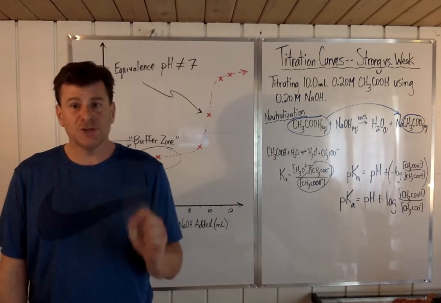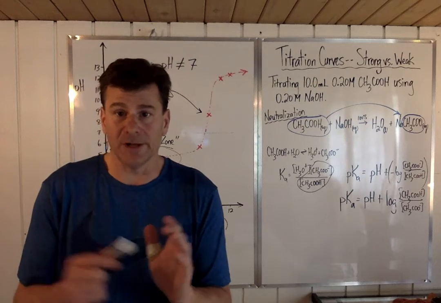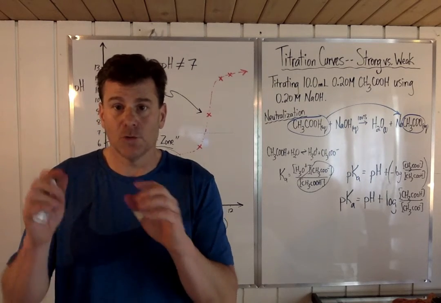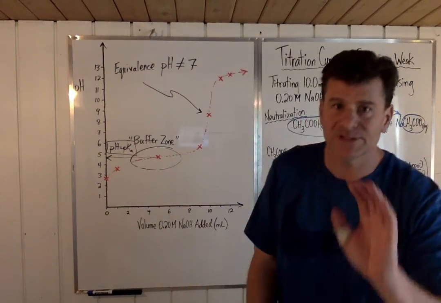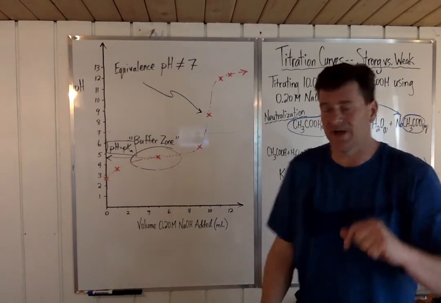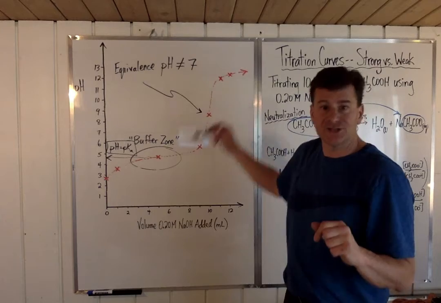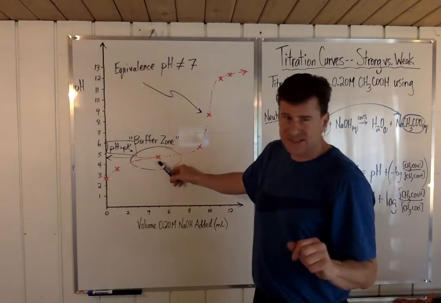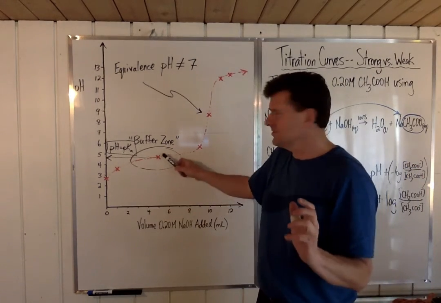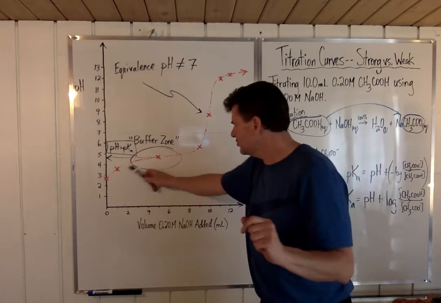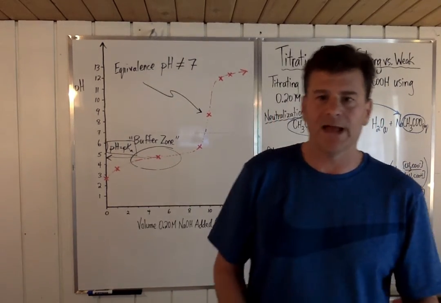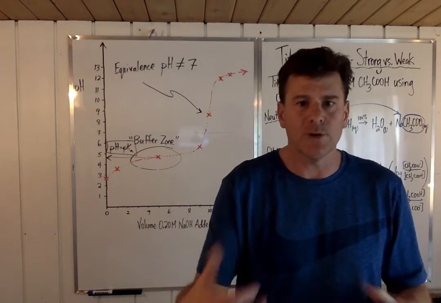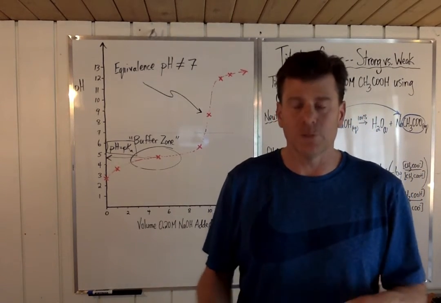And so those are two features that are really common in your strong-weak titrations. The one that is absolutely 100% identifying is that the pH is not at 7. This sometimes doesn't quite look as dramatic as what I've drawn on the board here. I happen to have used an example where it was going to be quite dramatic in what you can visualize.